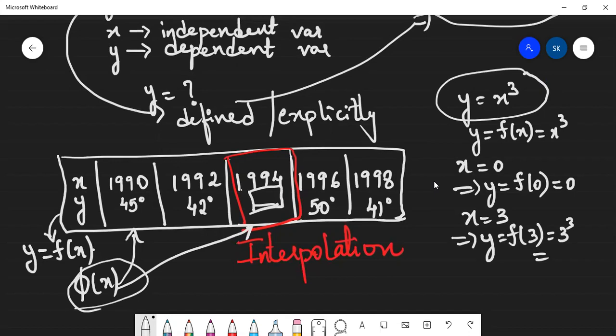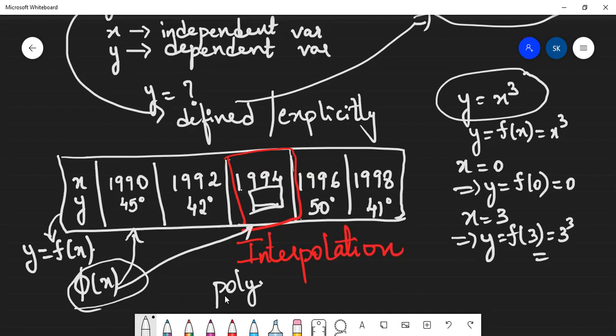And if this phi of x is a polynomial, then it is called polynomial interpolation. Phi of x is called the interpolating polynomial. Phi of x is a polynomial, the process is called polynomial interpolation, and the polynomial is called the interpolating polynomial.